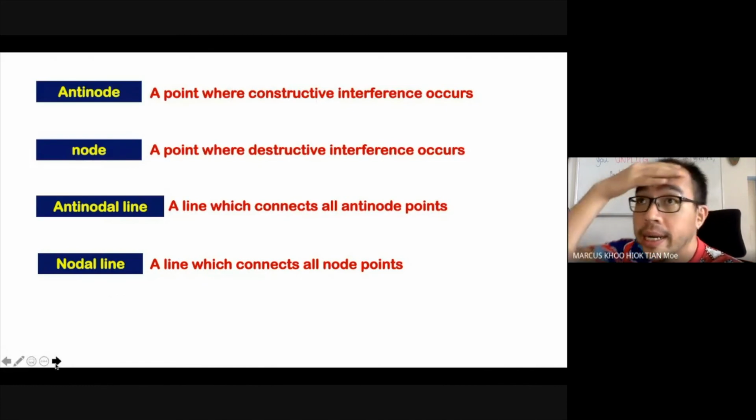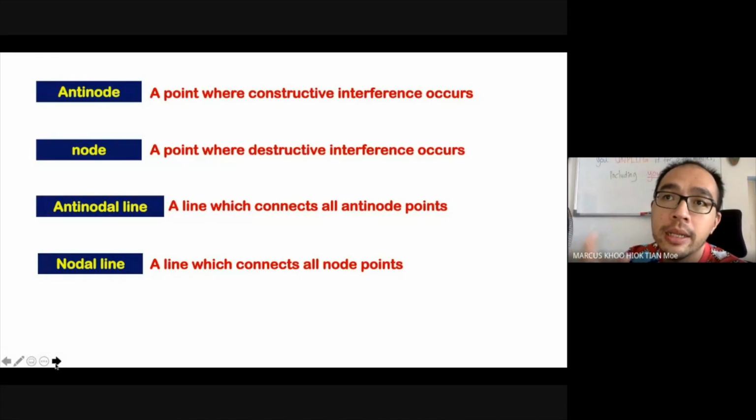These are other things, four words which are very important when we talk about interference. We need to know what is antinode and what is node. An antinode is where a crest meets a crest. A node is where a crest meets a trough. When you connect all the antinodes together, you get an antinodal line, and a nodal line is where we connect all the nodes together.